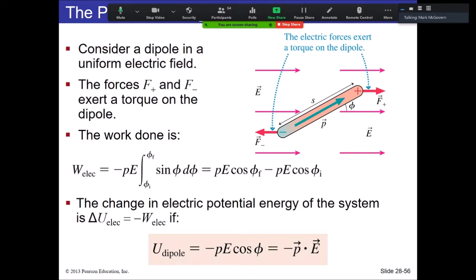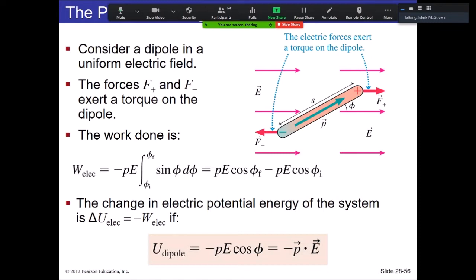So in order to figure out the energy associated with that, we'd have to integrate the expression for work. In this context, we had developed an expression for the torque, P cross E. What's variable in that torque is the angle of the dipole.